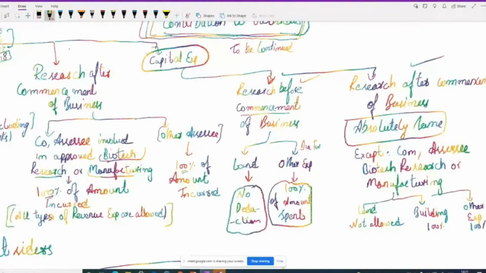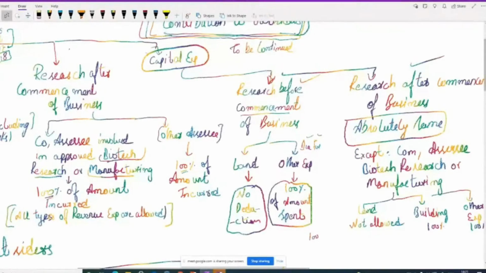In case of other expenditures, for example, you purchase a building or furniture, whatever amount you spent, 100% is allowed as an expenditure.